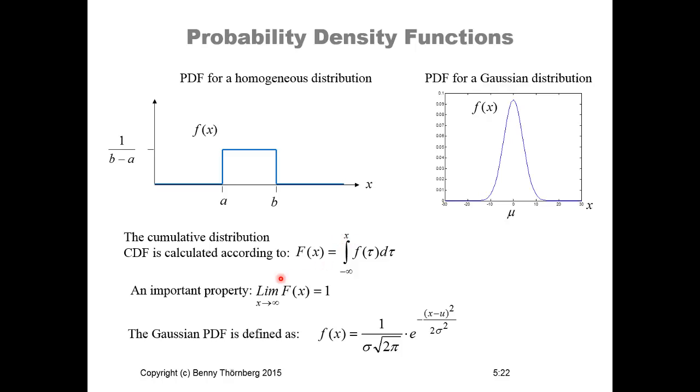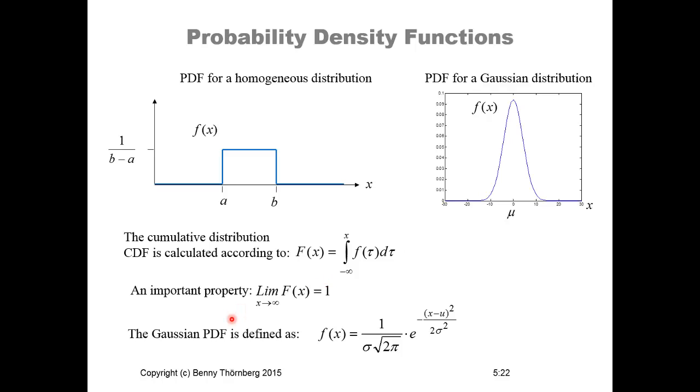And from this it follows a very important property, that the limit for the cumulative distribution function CDF when x approaches infinity must be equal to 1, because then we are actually summing up all the probabilities for all the possible values that can occur, and the sum of all probabilities must be equal to 1, 100%.